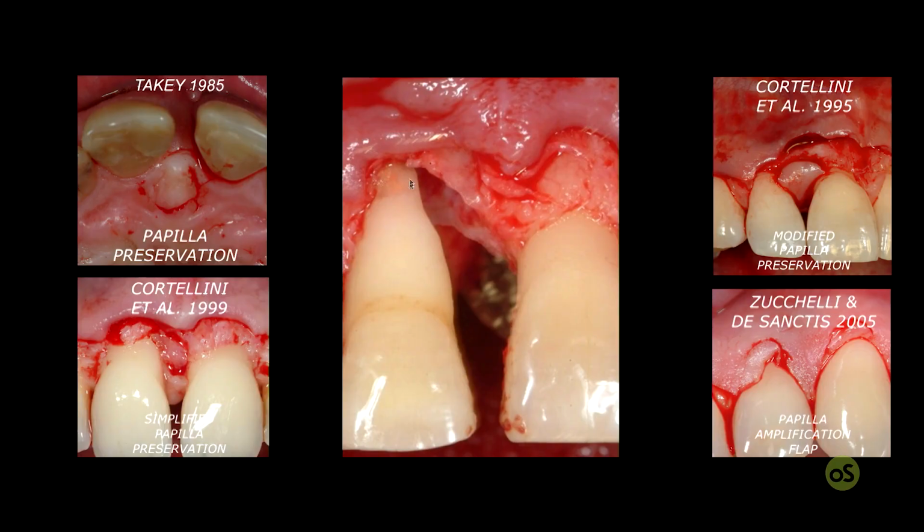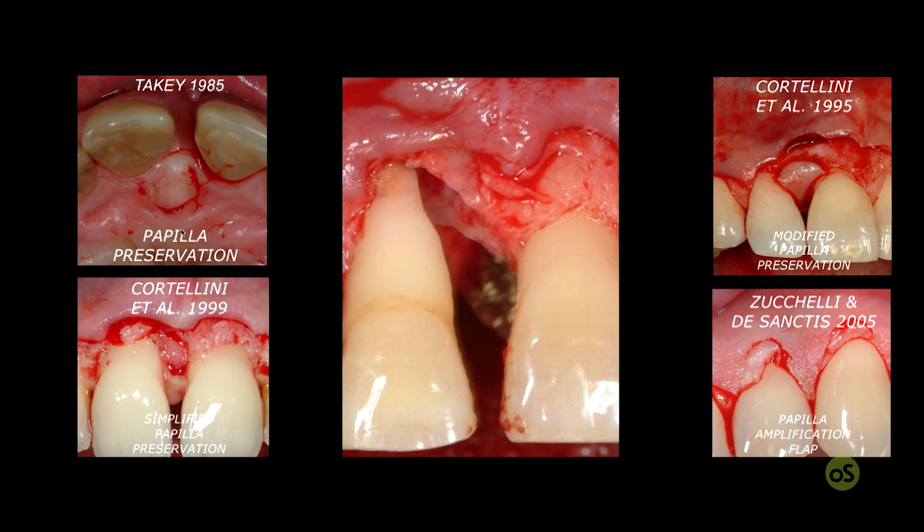So whatever type of papilla preservation approach you want to use, and you know that in the literature many types of papilla preservation have been described. One is made by a palatal incision, and the whole tissue is turned to the buccal aspect and elevated with the buccal flap.